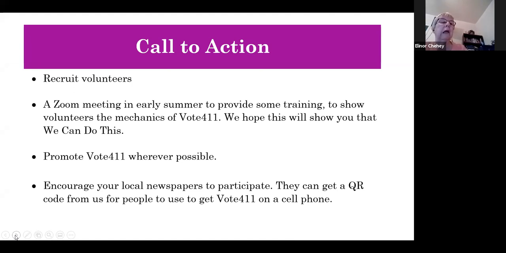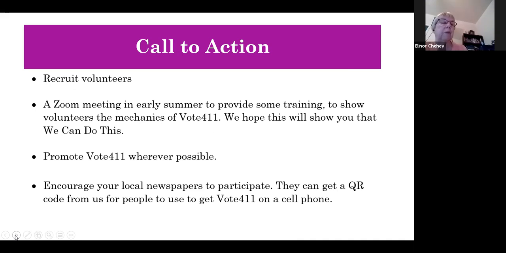In June, we're planning to have a Zoom meeting to provide some training so that you can have an idea of how Vote 411 really works, and that we can show you that this really is something you could do.